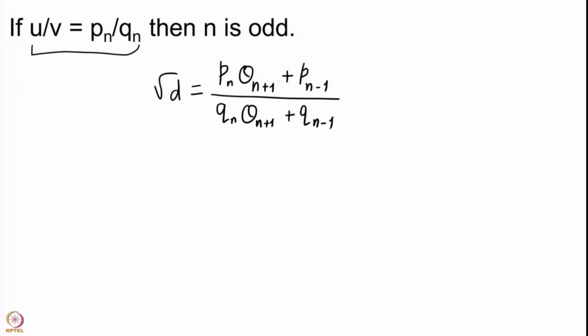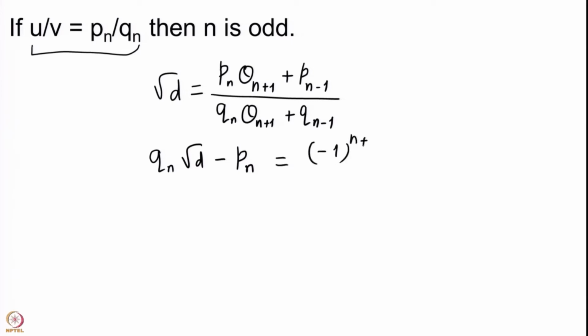This is a formula which we have already derived. Here the thetas are the complete quotients, and now we look at Qn root d minus Pn. We simply multiply throughout this expression by Qn and subtract Pn from this. This is also something that we have done in one of the last lectures.